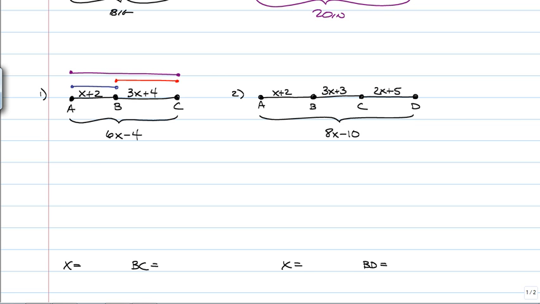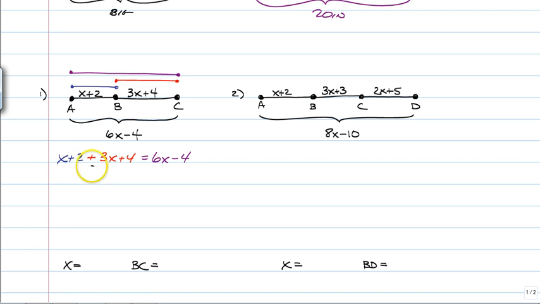So the equation we need for this would be little piece x plus 2, plus the other little piece, which is 3x plus 4, and we're going to set that equal to the big piece, 6x minus 4. And now all we have to do is solve this algebraically, and once you find x, we can go back and find the length of BC.